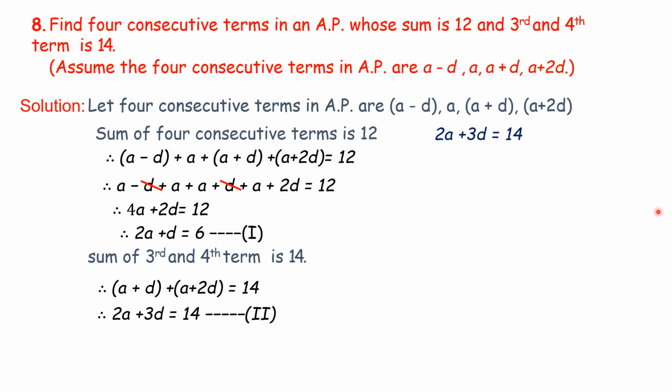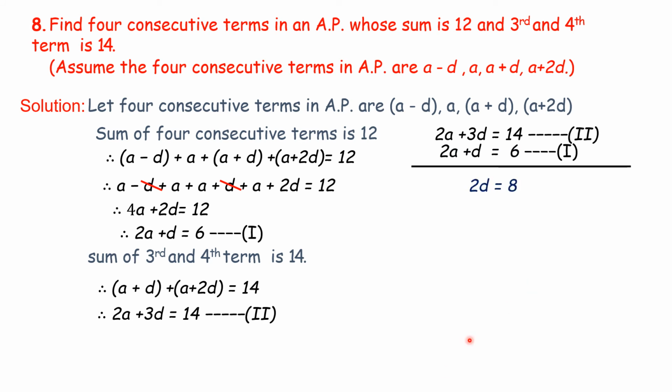Now here we subtract. When we subtract, the signs of the second equation are changed: 2a minus d minus 6. Therefore, 2d is equal to 8, therefore d is equal to 4.